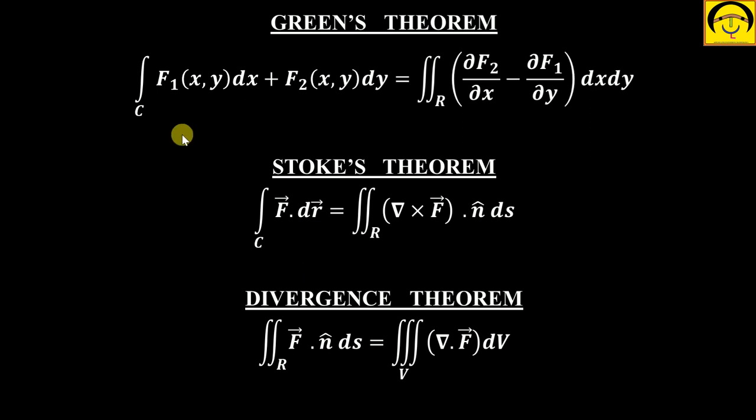As a quick revision, remember that Green's theorem and Stokes theorem put up a relation between line and surface integral, while the divergence theorem puts up a relation between surface and volume integral, on the basis of divergence and curl respectively. It is also called the Gauss divergence theorem as well.